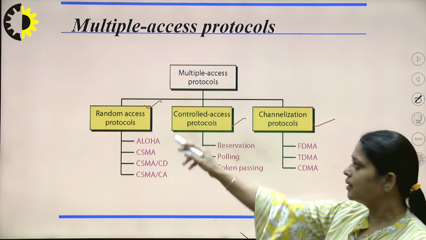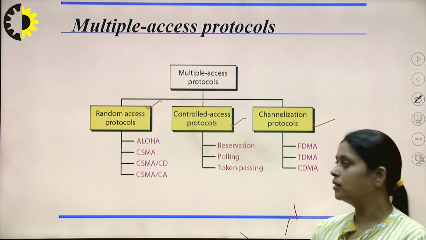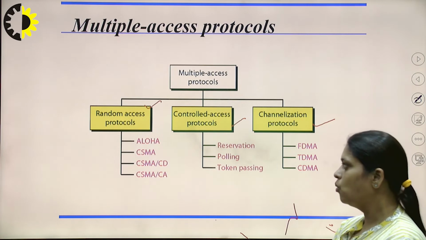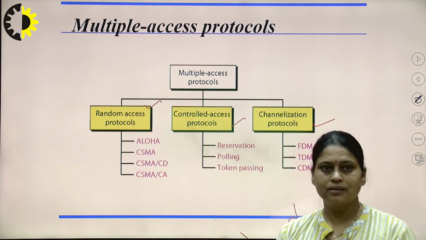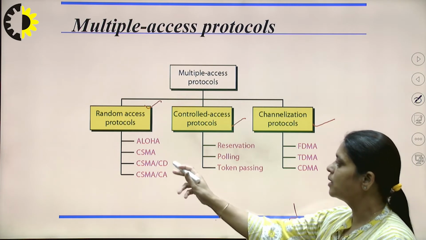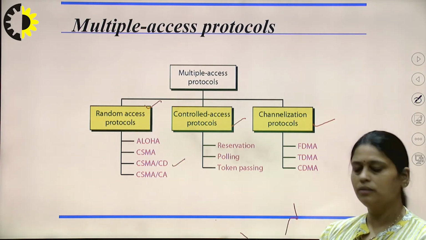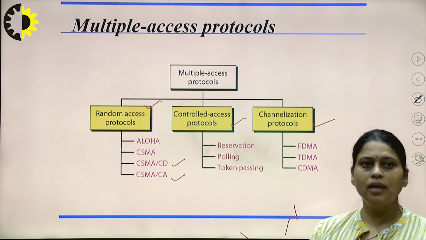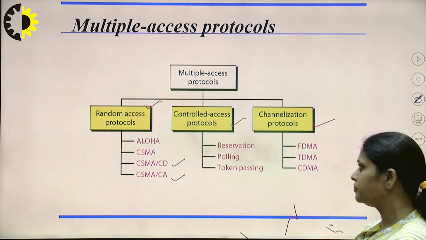The first category is random access protocols. There are four types of random access protocols: Aloha, CSMA, that is carrier sense multiple access, then carrier sense multiple access with collision detection, then carrier sense multiple access with collision avoidance.